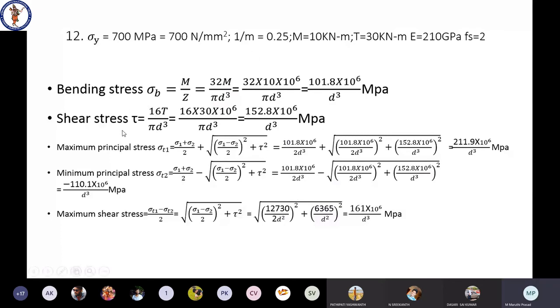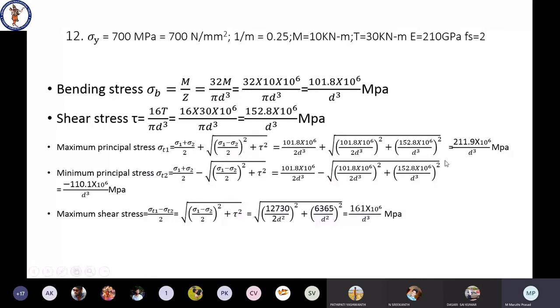So initially we have calculated individual stresses. And in stage number 2, we are going for the principal stresses, maximum principal stress. So sigma t1 equals sigma 1 plus sigma 2 by 2 plus root of sigma 1 minus sigma 2 by 2 whole square plus tau square. Again here, sigma 1 equals sigma b, tau is tau, and sigma 2 is 0.